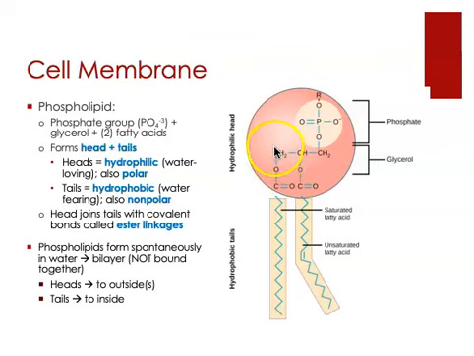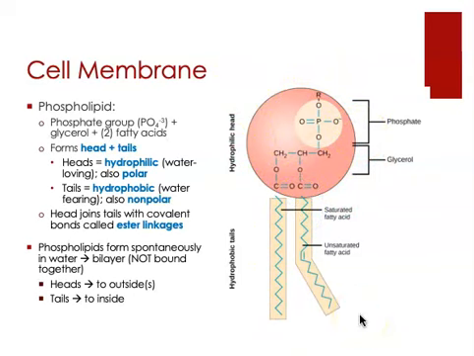So the glycerol has hydroxyl groups coming off of it, and those are going to bind with the carboxyl groups of the fatty acids. And what do we get? We get one molecule that came together between the head, the glycerol and the phosphate, and the two fatty acids.